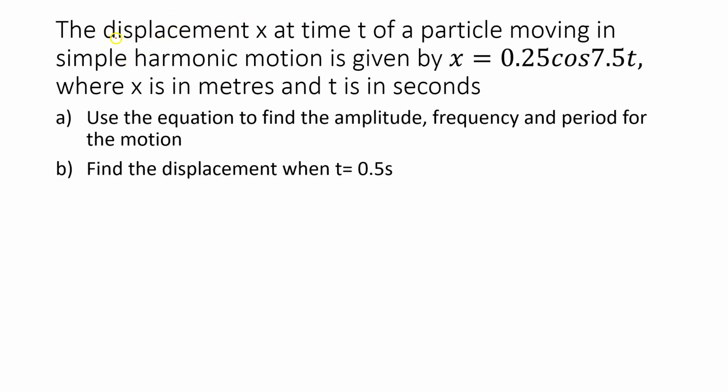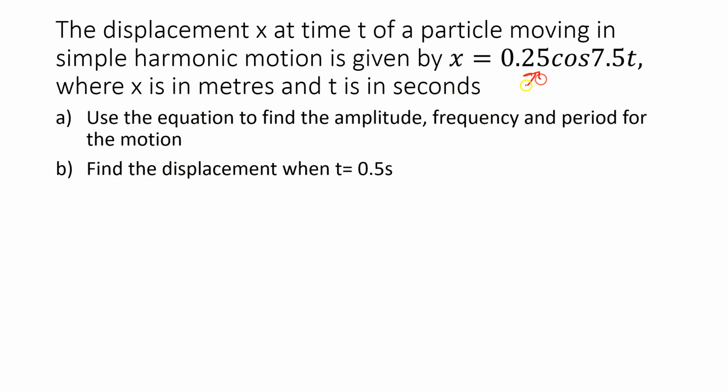It says that the displacement x at time t of a particle moving in simple harmonic motion is given by x is equal to 0.25 cos 7.5 t, where x is in meters and t is in seconds. It says use the equation to find the amplitude, frequency, and period for this motion.